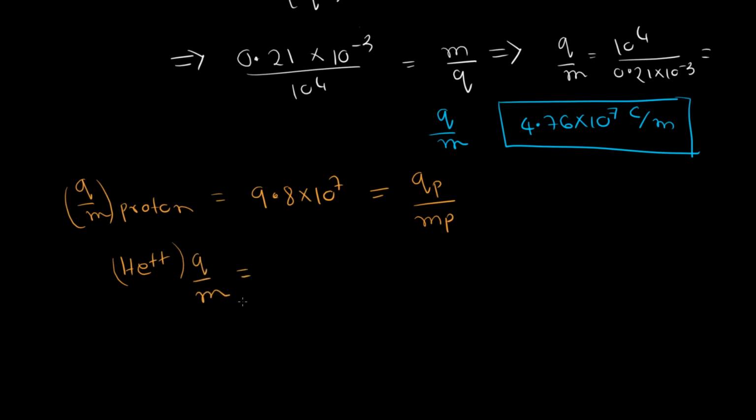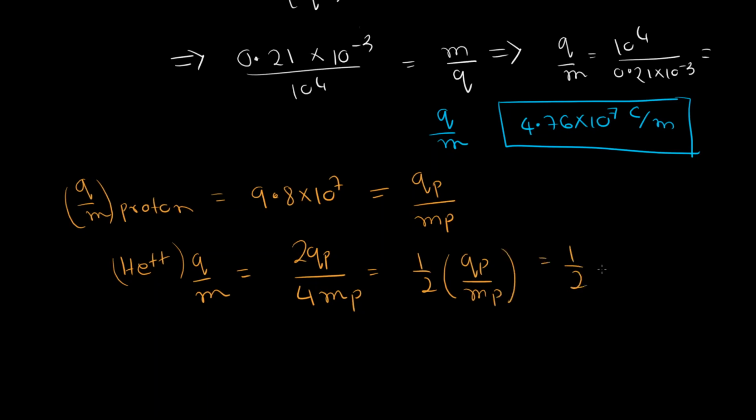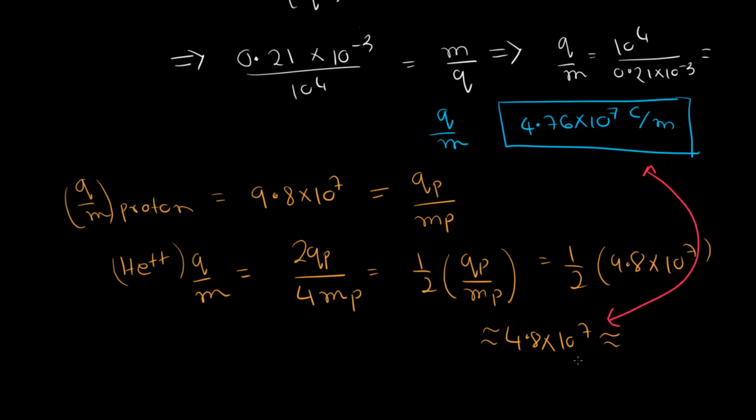Helium plus is nothing but a helium nuclei which is doubly ionized, right? So it has twice the charge and 4 times the mass. So it has half the ratio of qp by mp, which would give us half of 9.8 into 10 to the power 7, which gives us approximately 4.8 into 10 to the power 7, which approximately coincides with our findings here.